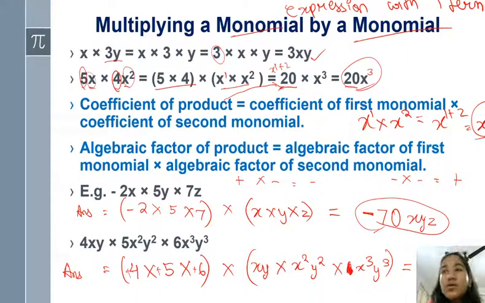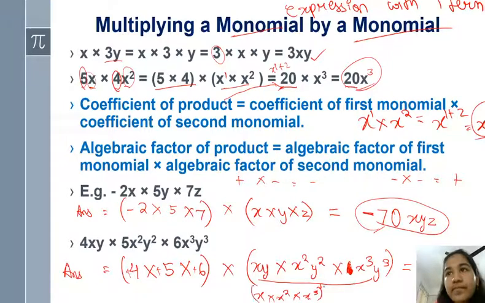So what you're going to do is multiply all these x's and get the answer, and multiply the y's and get the answer. If we split it, it will be like this: x into x square into x cube, and y into y square into y cube.